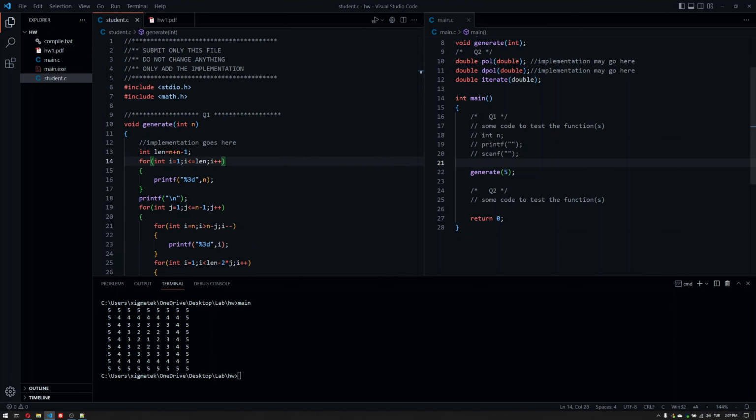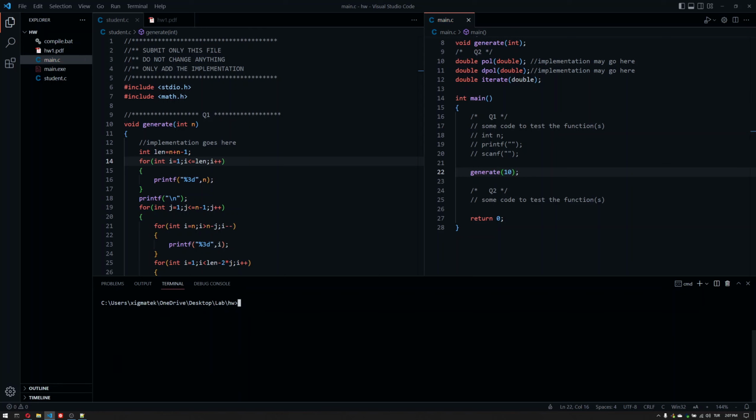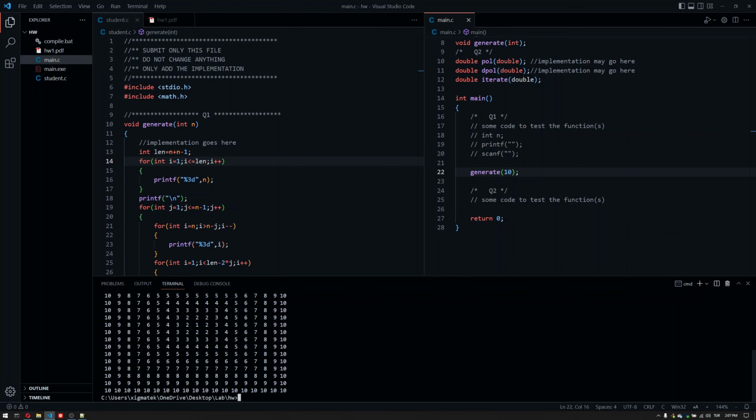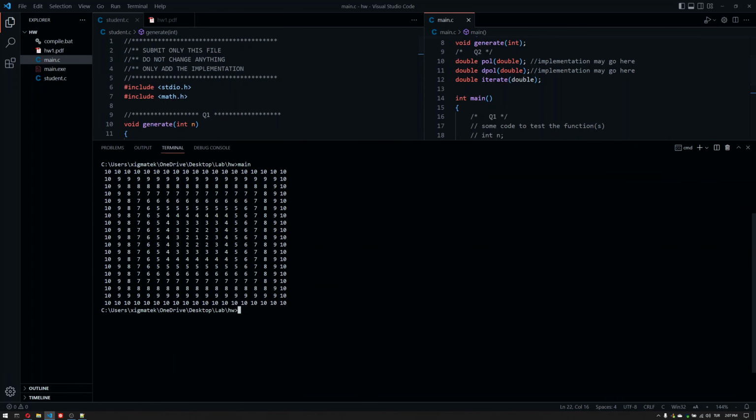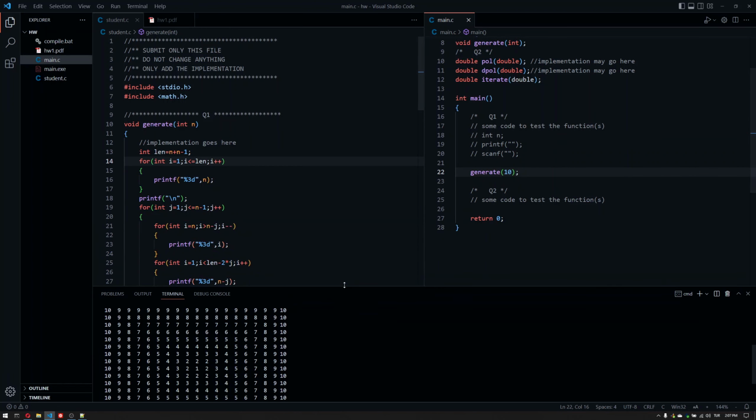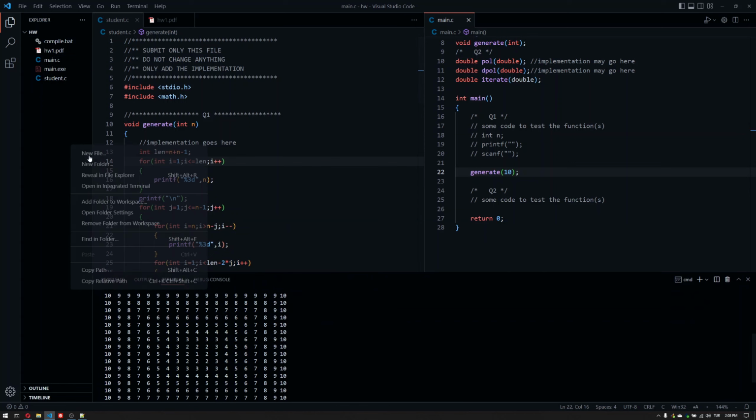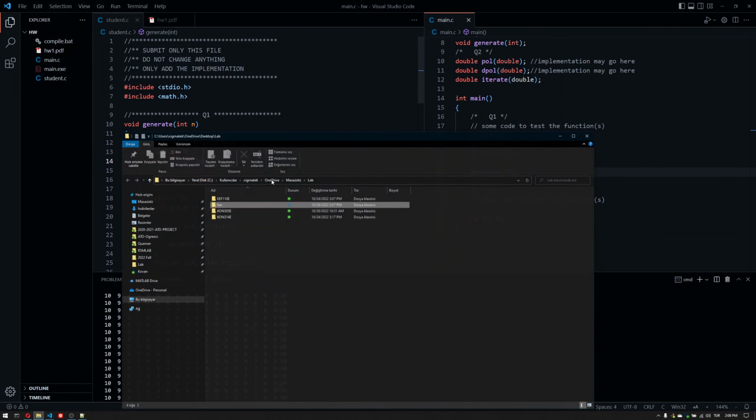Let's try it out for different values. Let's have 10. So 10, 9, 8, 7, 6, 5, 4, 3, 2. It seems to be working like expected. Now of course I can also go ahead and do something like this.